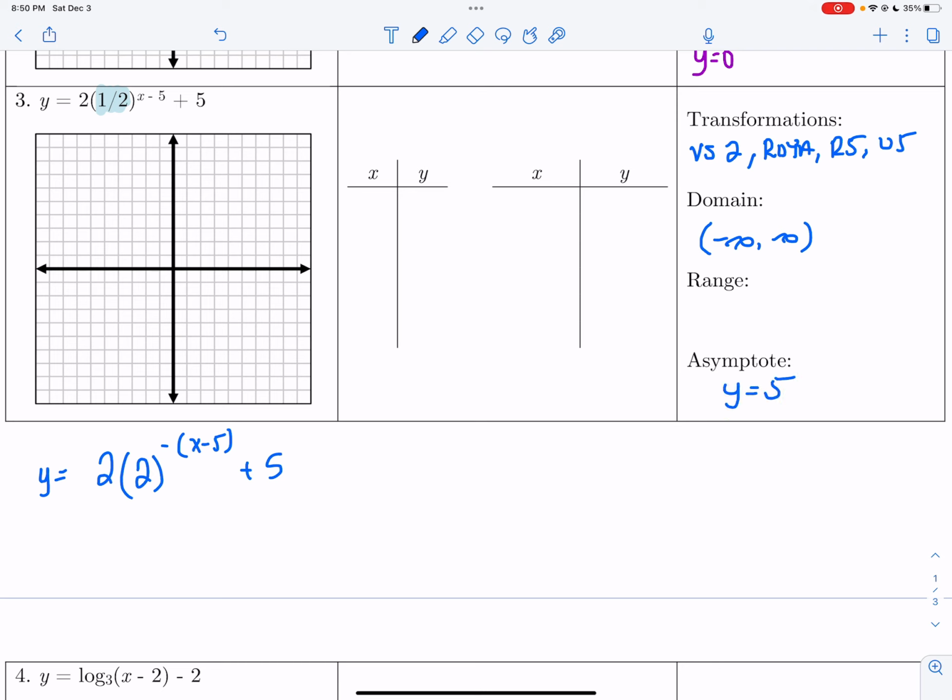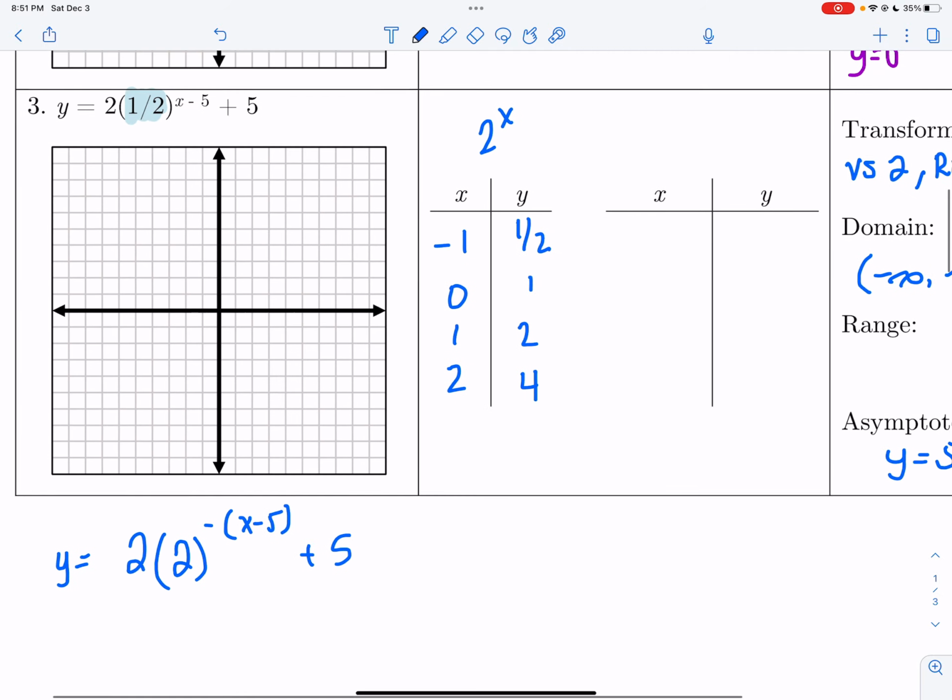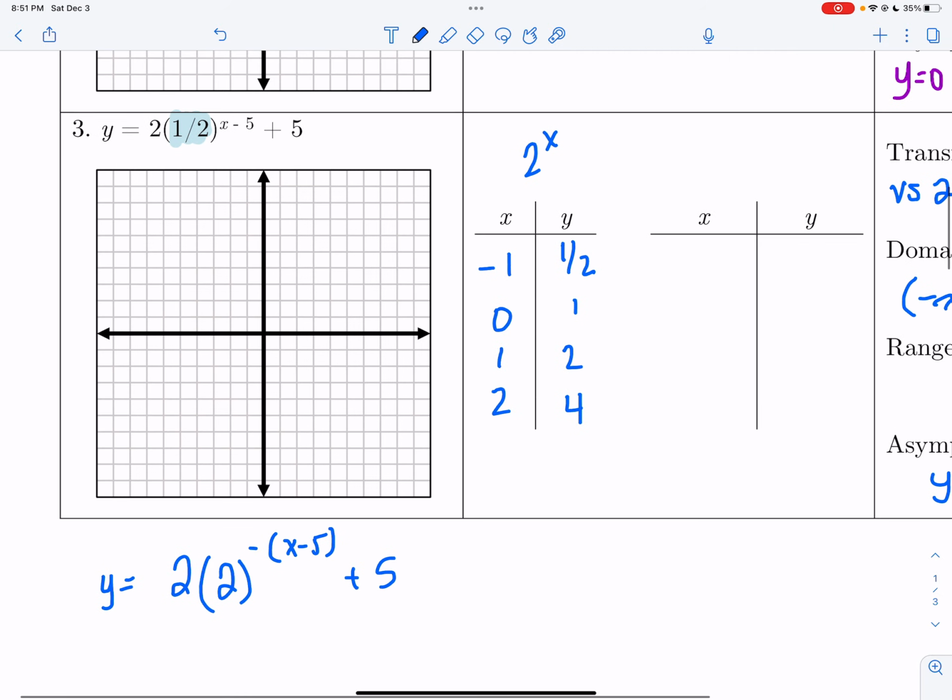Now, honestly, here, since there's a lot of transformations going on, I would use the graphical method for this. That's what I like if you have a lot of transformations. Or you could use the algebra method, which I'll also do.